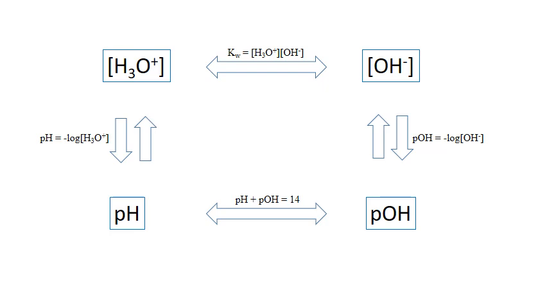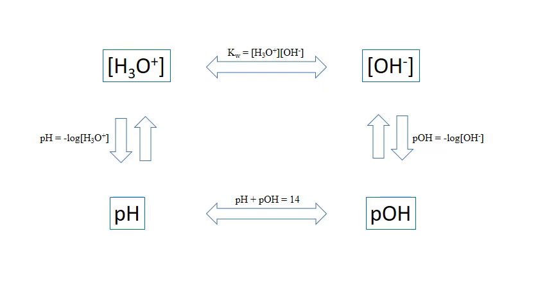Anytime you've got one of them, you can calculate the other. Across the bottom, pH and pOH, they always add up to 14, so anytime you've got one, you can calculate the other. On the left-hand side, if you have H3O plus, you can calculate pH just from the definition of pH. And similarly, on the right-hand side, if you have OH minus and you want pOH, you can calculate it from the definition of pOH.